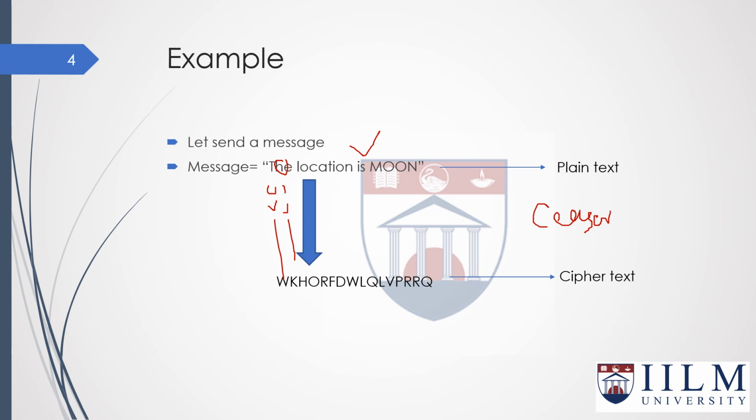This particular technique is known as the Caesar cipher. What we have done here is create a ciphertext by adding 3 to the position number. We add plus 3 to the letter's position in the English alphabet and substitute the alphabet with another letter. That's why it is called a substitution cipher.